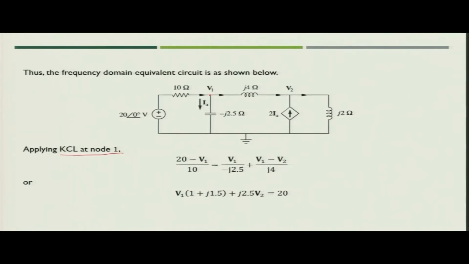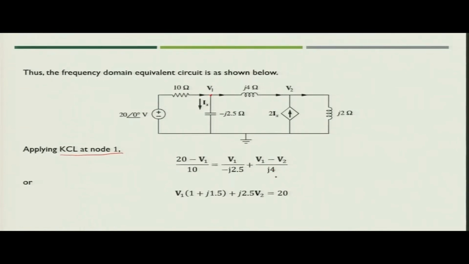So, if you apply KCL at node 1, what you can write? The current direction is in this side, which is going inside the node, and other two currents are going outside the node. So, we can write that 20 minus V1, that is voltage at node 1, divided by 10 is the value of current going inside the node, equal to V1 upon minus j 2.5, that is the value of Ix, plus V1 minus V2 upon j 4.